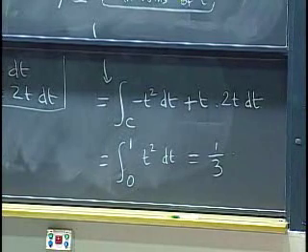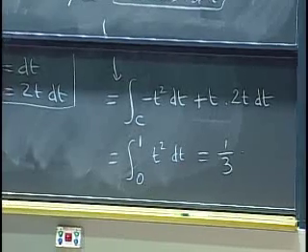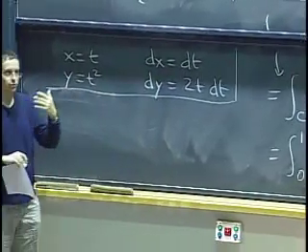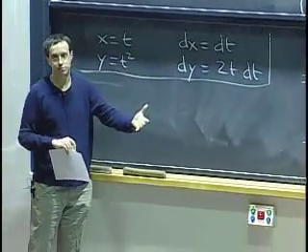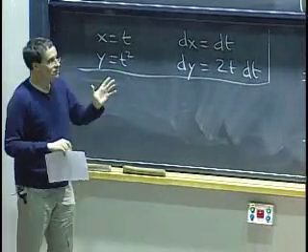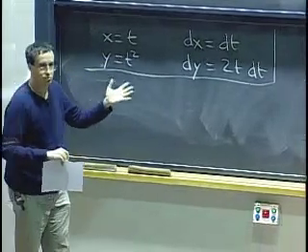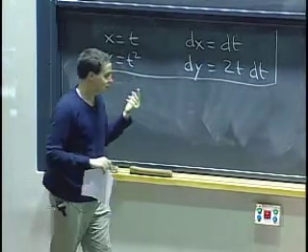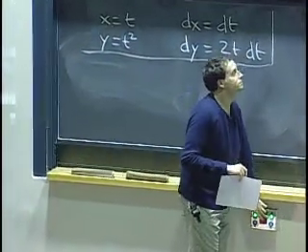Okay, and that's the general method. So if you are given a curve, then you first have to figure out how to express x and y in terms of the same thing. And you get to choose, in general, what parameter to use. You choose to parameterize your curve in whatever way you want.